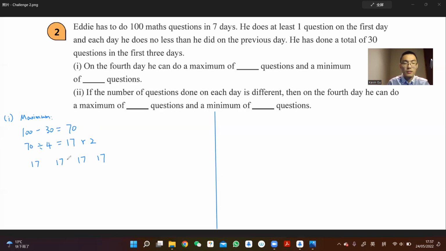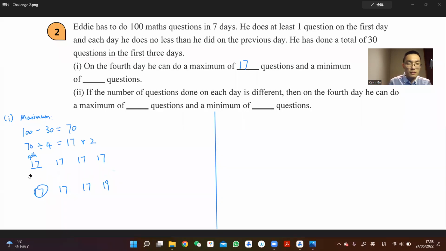It actually doesn't matter because this is the 4th day. The number of questions done on the 4th day doesn't change. It's always 17, so we can write it here first. So it's either 17, 17, 18, 18, or 17, 17, 17, 19. Doesn't matter, right? It's always 17 on the 4th day.